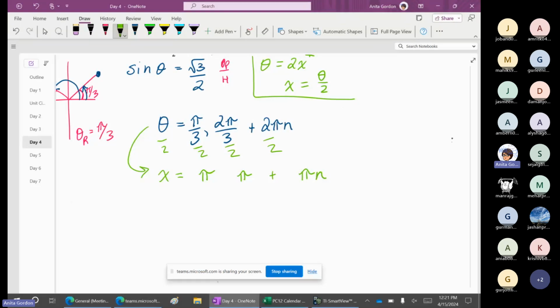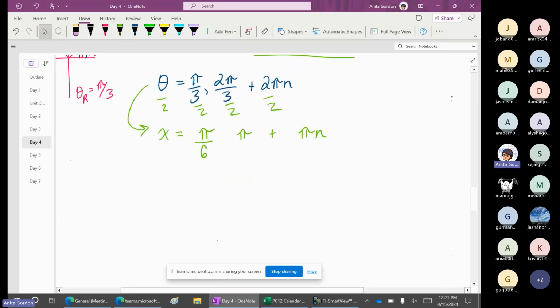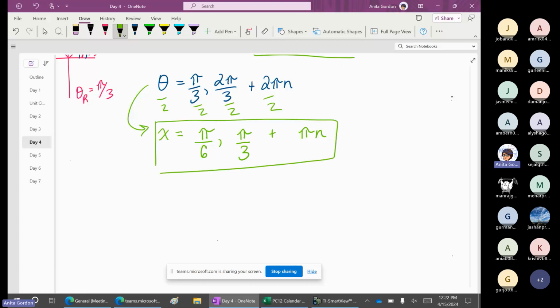Pi over 3 would now become pi by 6. There we go. Pi by 3 becomes pi by 6. 2 pi by 3 divided by 2 becomes just pi by 3. 2 pi n divided by 2 is just pi n. Okay, we're done. There it is.